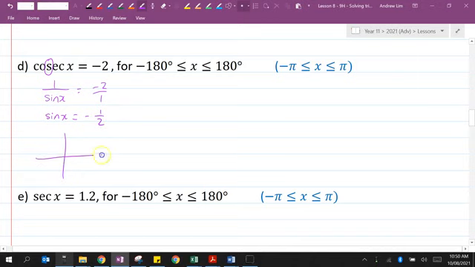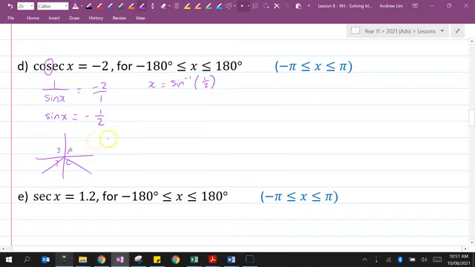Now I will draw my all stations to central. Where is sine negative? In the third and fourth quadrants. So instead of writing x is equal to the inverse sine of half, right? Because, like I said in the instructions before, we never put a negative in here, just put a positive to find the reference angle.